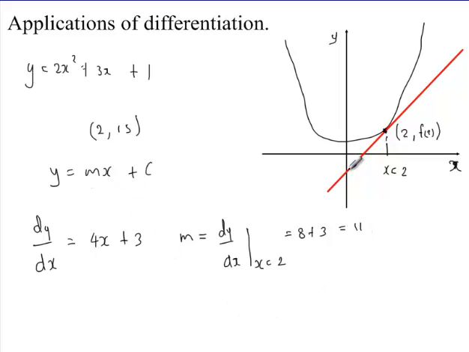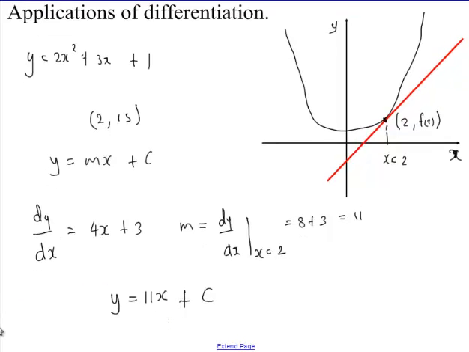Then we can say that the equation of the line must look more or less like this: 11x plus c. Sorry, plus c, not plus x, plus c. So we've done almost half of what we're supposed to do.